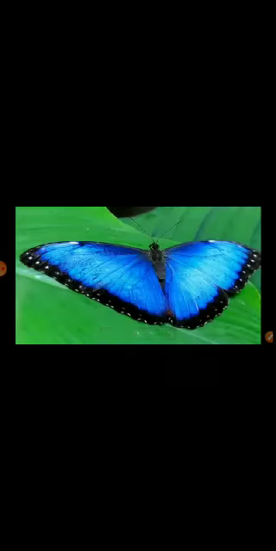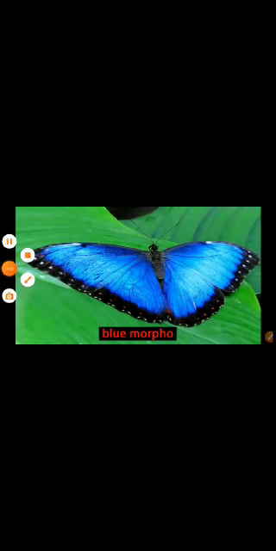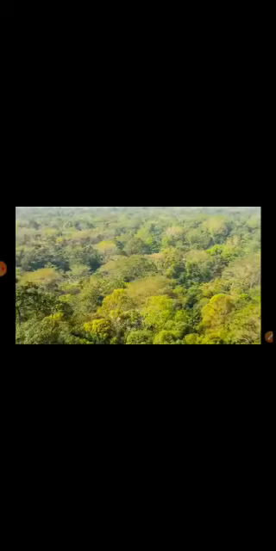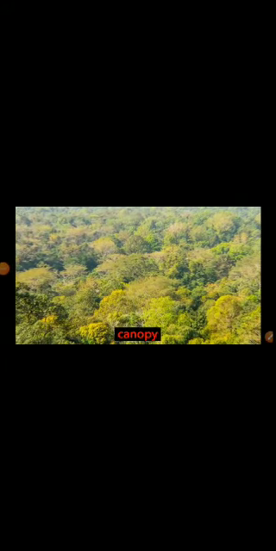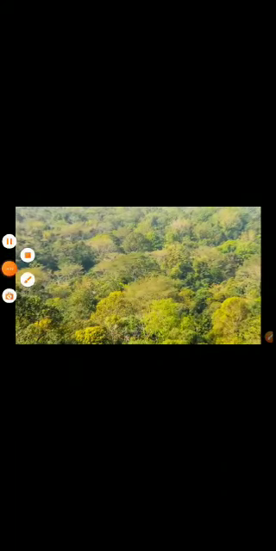They are able to use their arms, legs, and even their tail to grip the branches. The blue morpho butterfly is one of the many colorful butterflies that we see flitting around the treetops. Moving down to the next layer, we find ourselves in the canopy. This is the umbrella of treetops covering the rainforest.